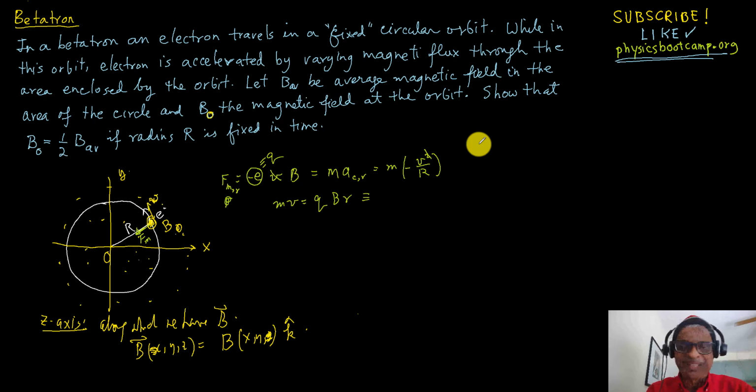So we are already making an assumption that speed is not very high, so we can just use the non-relativistic formulas. Of course, when you get to the relativistic, you have to do all of this all over again, right? So this is the momentum at this instant. Okay, so let's call this one equation 1.